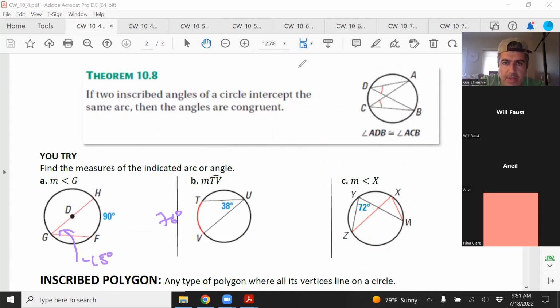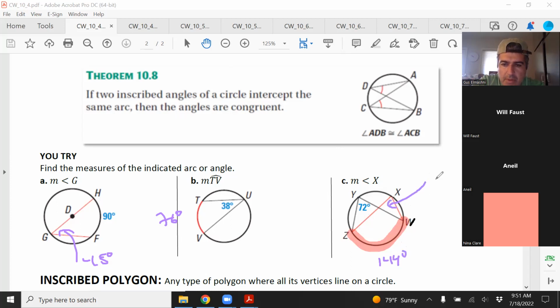So this right, let's get a highlighter out. This will be a W, by the way. So that's 144 degrees right here.